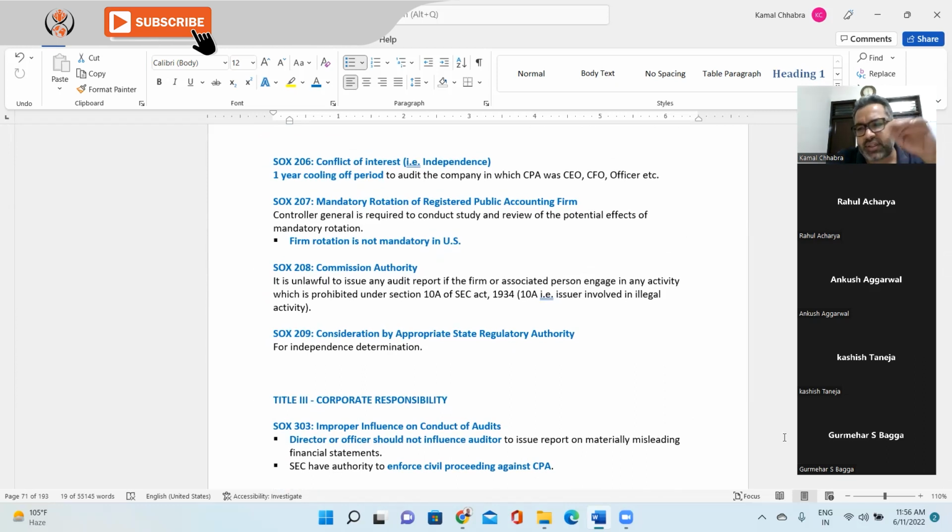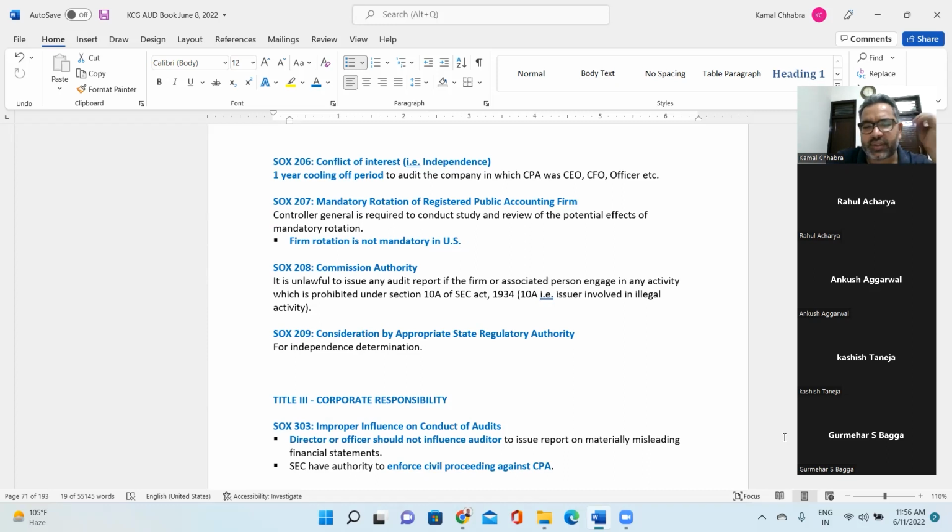For example, let's say Rahul is the CEO of Tesla, and Ankush and Kashish have a CPA firm. Now Rahul this year has joined Ankush and Kashish's CPA firm, came into the practice profession, and left Tesla.